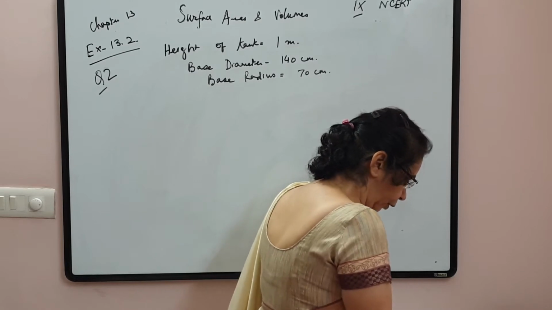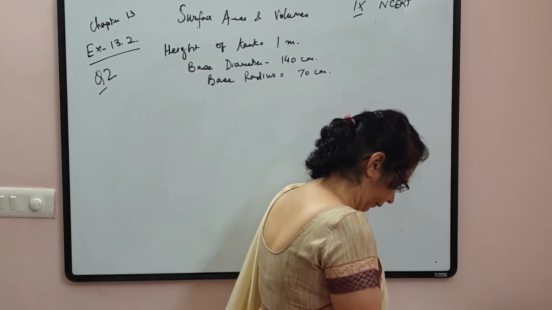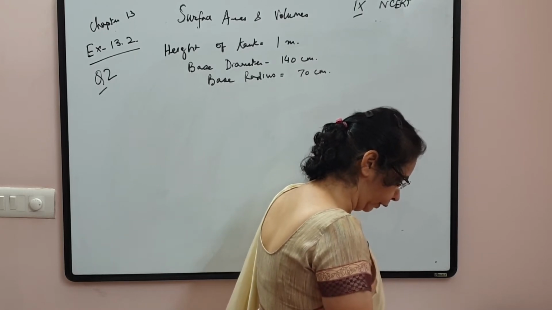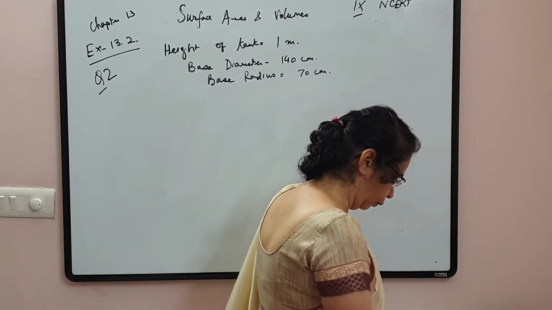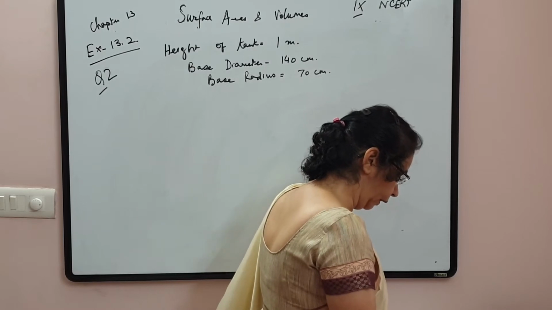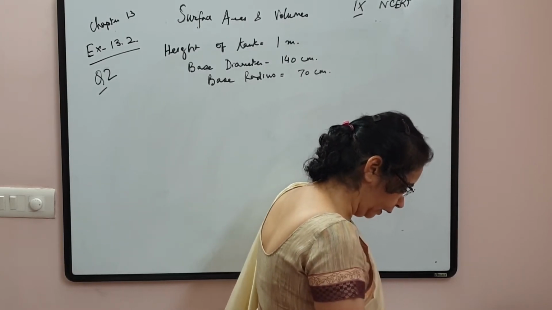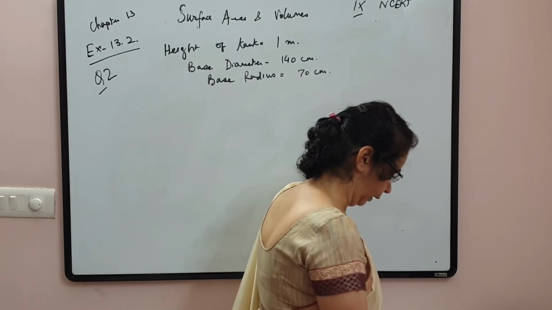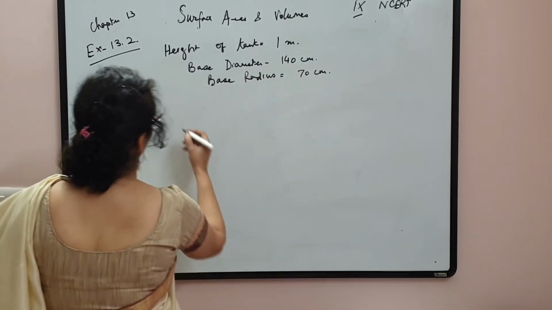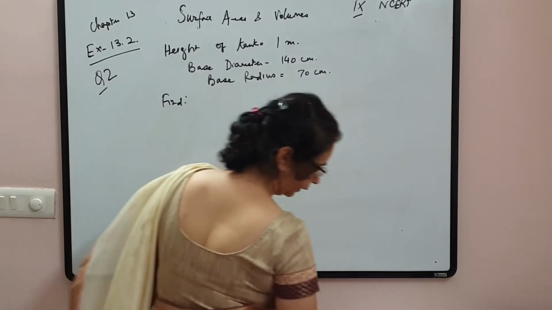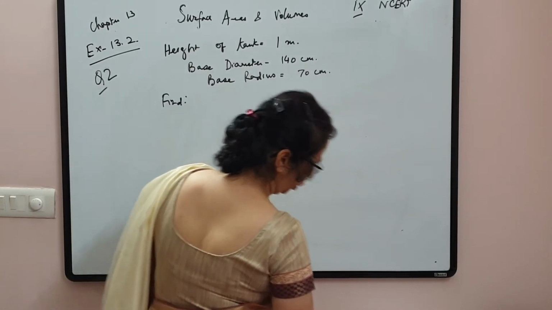This tank has to be made from a metal sheet. How many square meters of the sheet are required for the same? What do they want, children? You have to find the square meters of the sheet required.